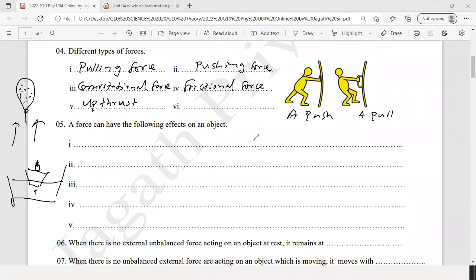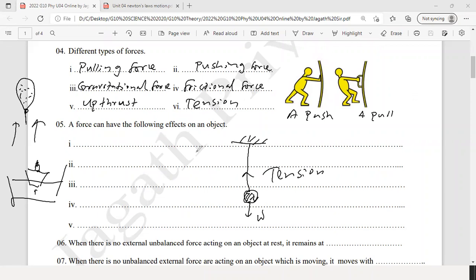If you hang an object from the ceiling using a thread or rubber, the weight of the object acts downwards towards the gravity, and upwards on the thread or the string, there's a force. Yes, Kishan, what is that force called? Tension. Very good, Kishan. Excellent. Tension is also a force. So right here, number 6, tension.